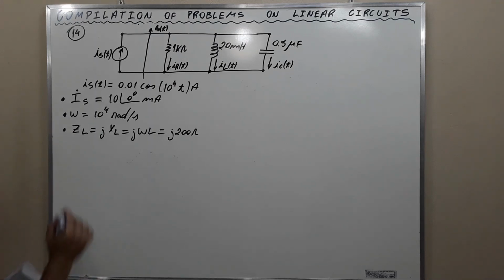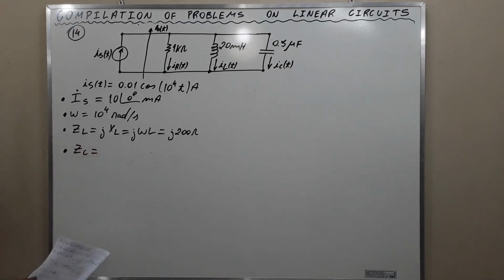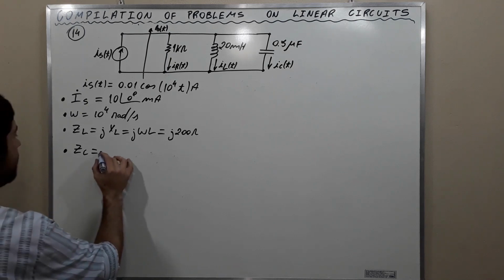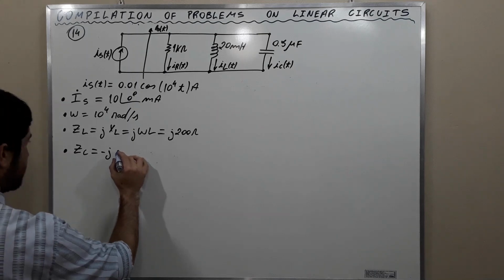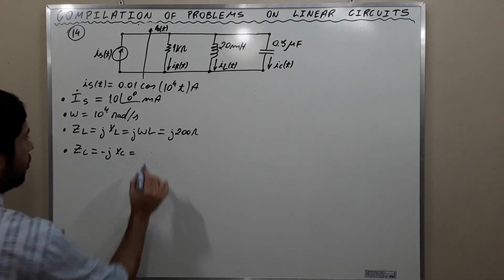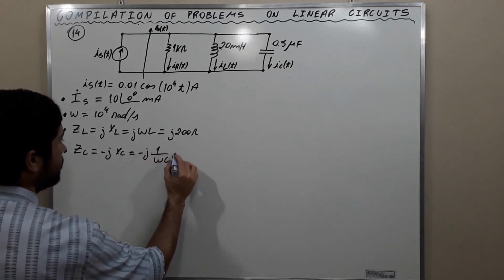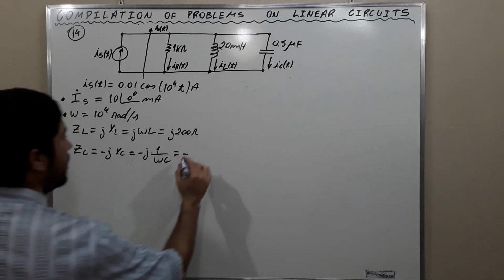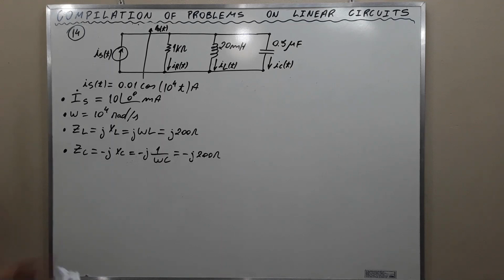Likewise, we can find the impedance of the capacitor, which is -J XC, and it can also be expressed as -J 1 over WC. This gives a value of -J 200 ohms. This is the impedance of the capacitor.